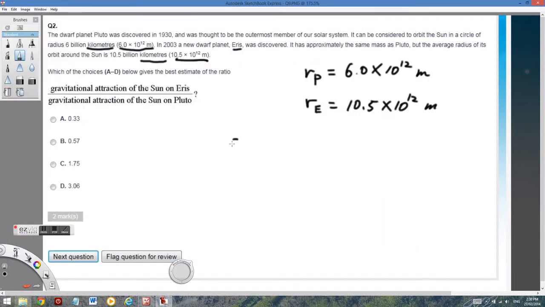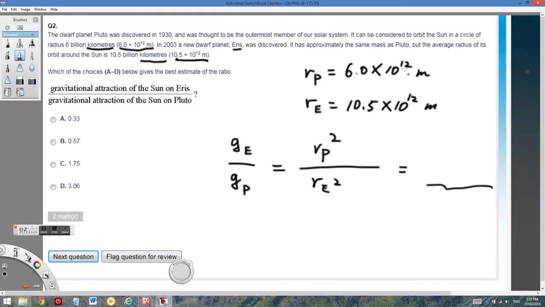The gravity of Eris divided by the gravity of Pluto must be the radius of Pluto squared divided by the radius of Eris squared, inversely proportional. Put it in your calculator and find the answer. Remember it's squared, the number squared. Then you should have an answer.